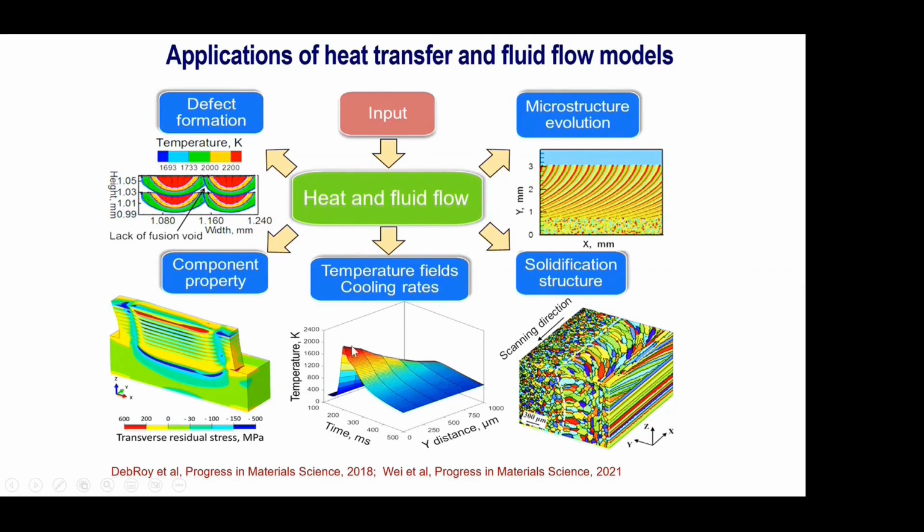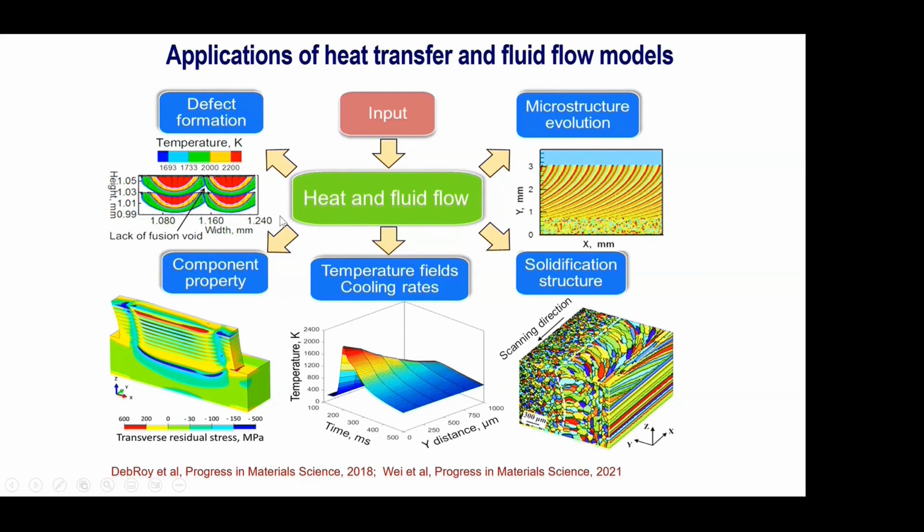We can get cooling rates, temperature fields. We can use the temperature field that we obtain to do other calculations, like use it in a thermomechanical program like Abaqus or ANSYS and find the residual stress distribution in a component.